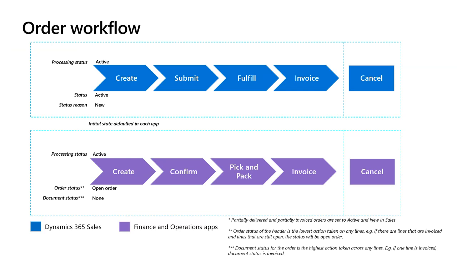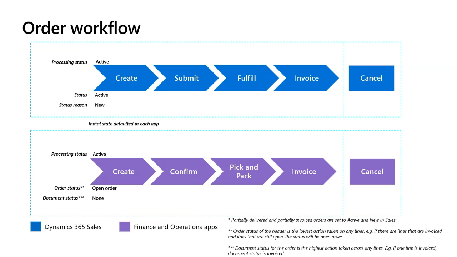That is deriving a processing status, which flows through to sales. When the order is initially created, each application is going to set those default states. In sales, we have status and status reason, which are standard state fields for sales. And then we have this additional processing status, which has been introduced through the dual write solution.